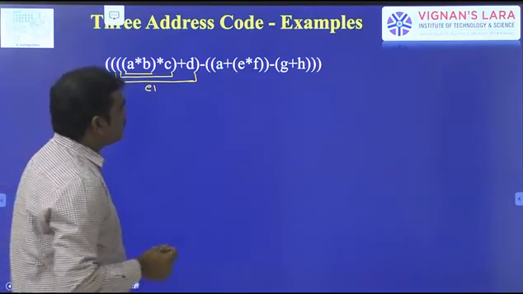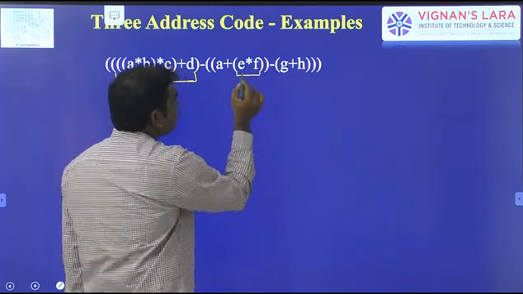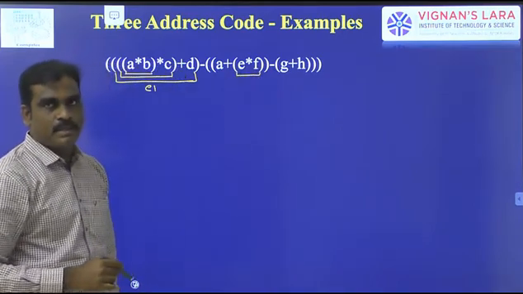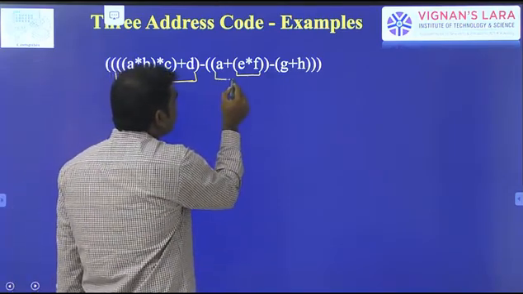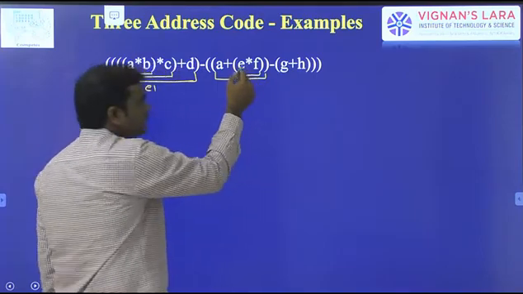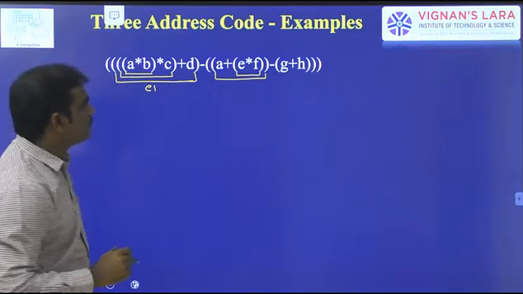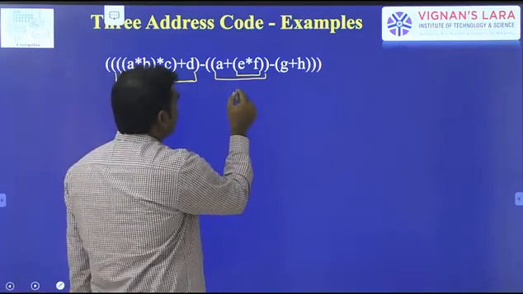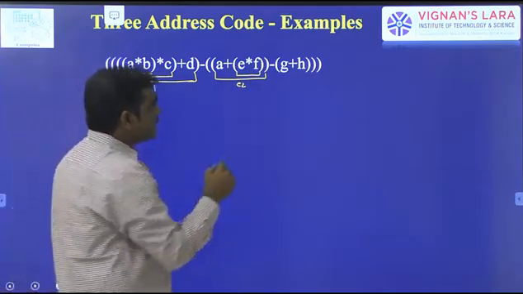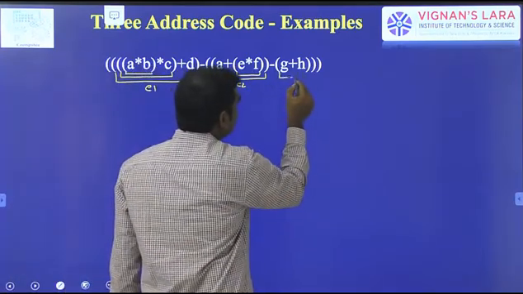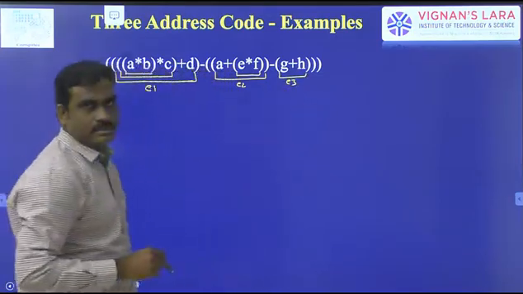And what is expression 2? First we have to compute E star F. Next one, A plus this value, A plus E star F. That is one expression. Suppose, for example, take E2. Next one is G plus H. This is the third expression.